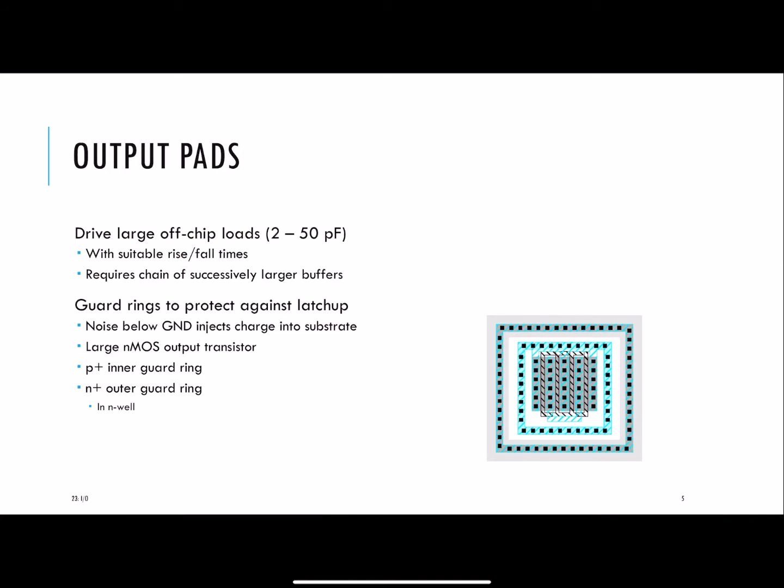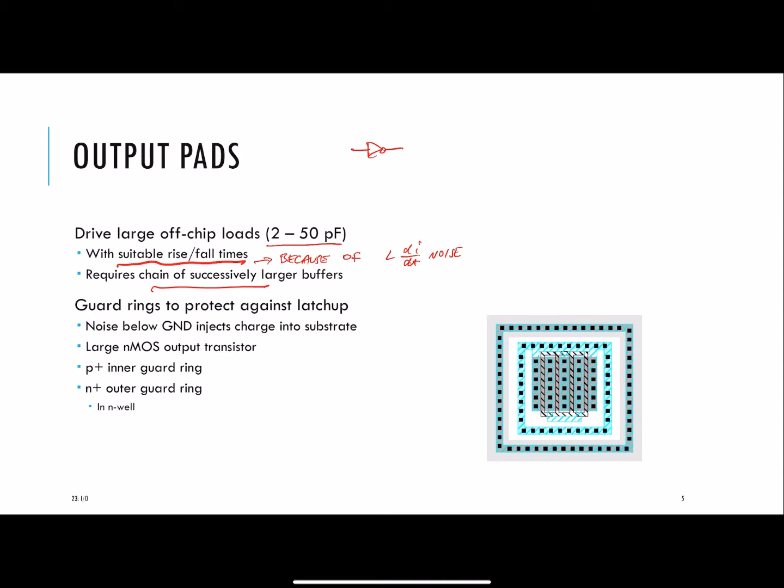So a regular output pad, like I mentioned, has to drive a large load. You don't want to make the rise and fall times too fast because of the L di/dt noise. And like we learned in the logical effort case, inside the chip you've got small devices and inverters.